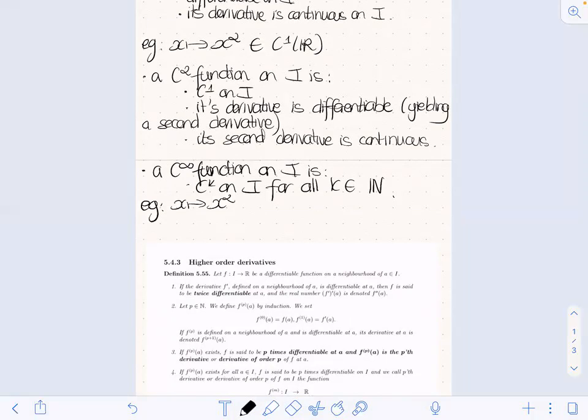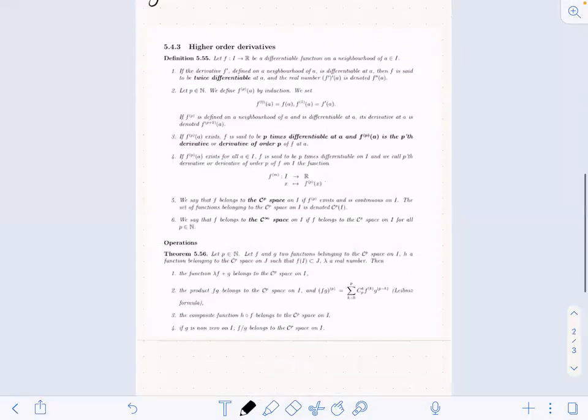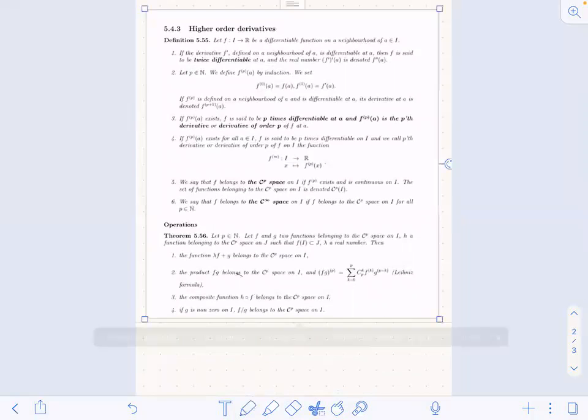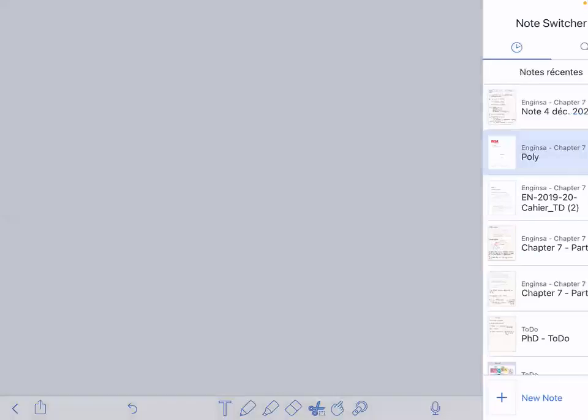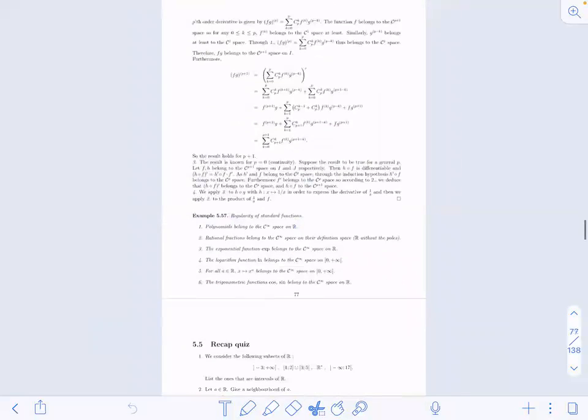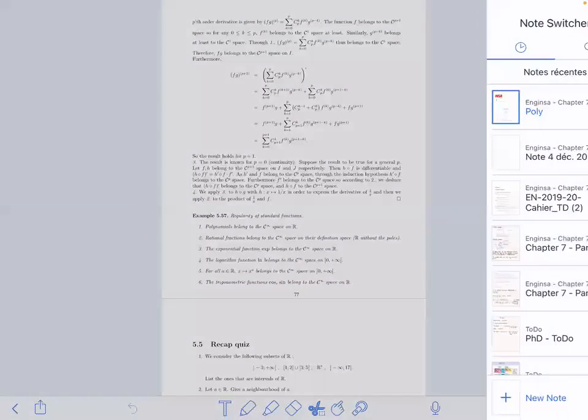That's always continuous and differentiable, and you stay stuck at 0, but you can repeat this process as many times as you want. So x maps to x squared is C infinite on R. Most of the functions that you know are C infinite on their domain of definition. You've got to work at it a bit to construct classical functions that aren't C infinite.